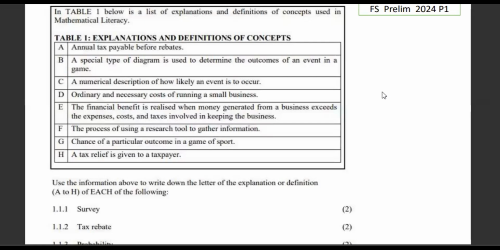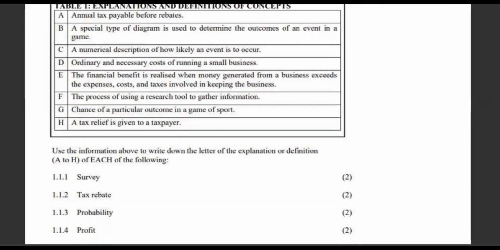All right, this one came from Free State Prelim 2024 paper 1. All these questions require your knowledge about terms. Table 1 below shows a list of explanations and definitions of concepts used in mathematical literacy. All right, we like going through them. A, it says annual tax payable before rebates.